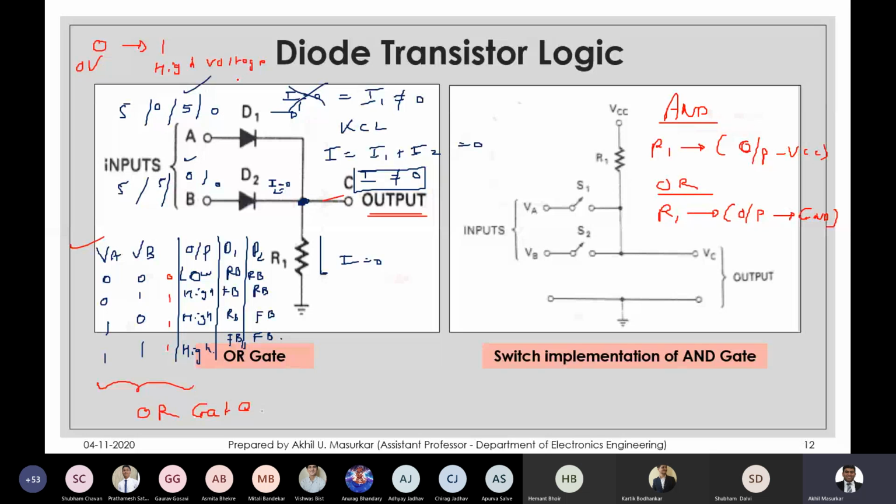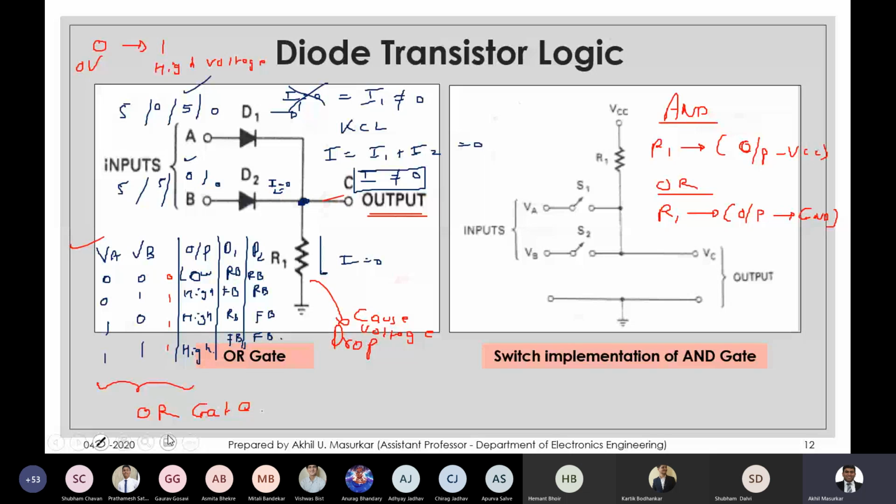So the function of the resistance is to drop voltage, or rather cause voltage drop. That is the function of the resistance. Only when voltage drops across the resistance we will get some high voltage.